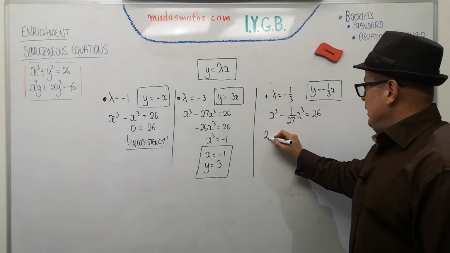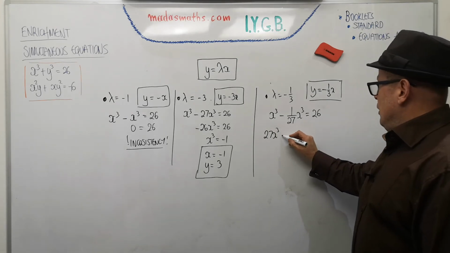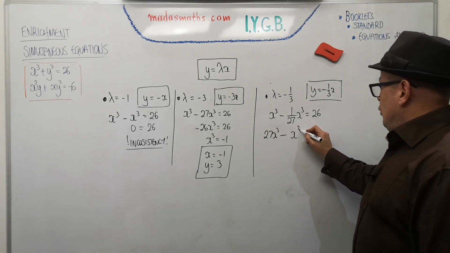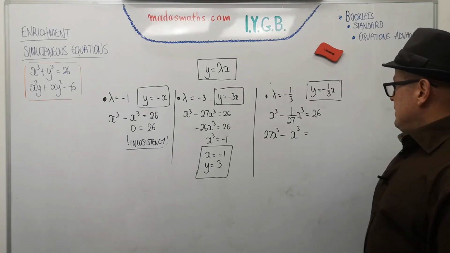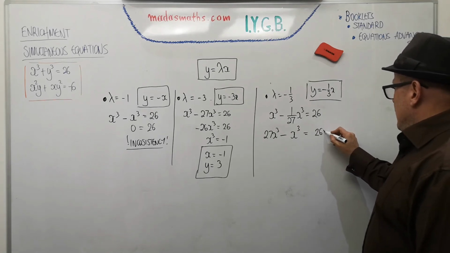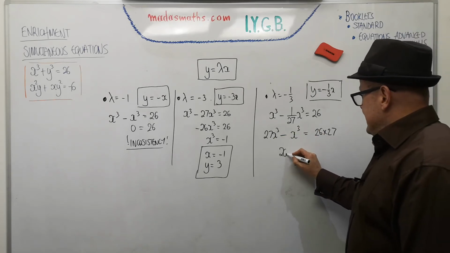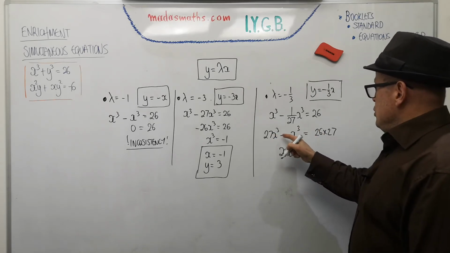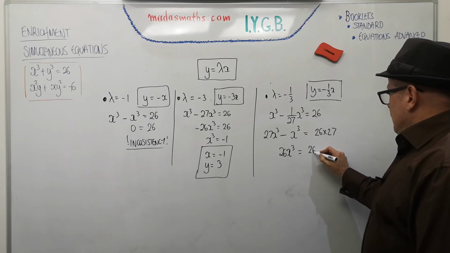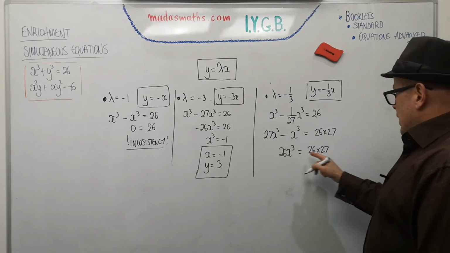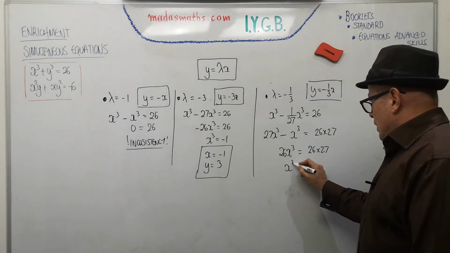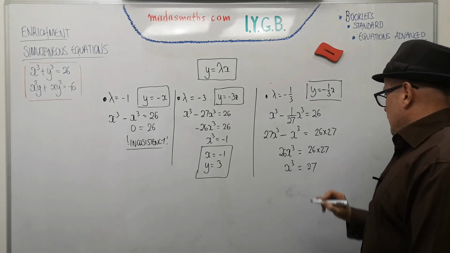Times by 27. 27x cubed minus x cubed is equal to 26 times 27. What is that? I couldn't care less. It's 26 times 27. And then this will give me 26 x cubed is equal to 26 times 27. Divide both sides by 26. x cubed is equal to 27.